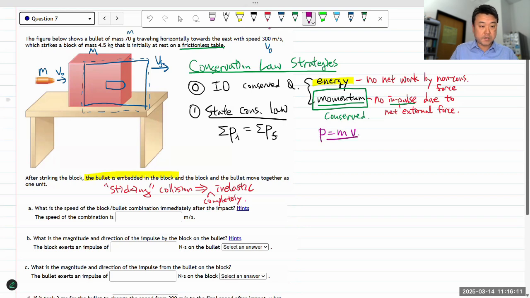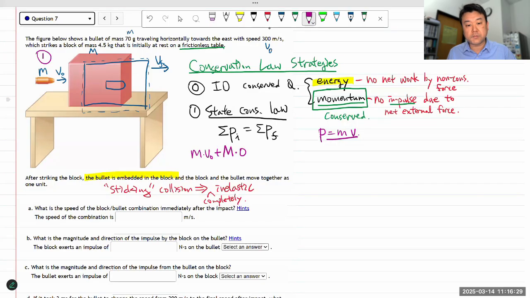So for the initial picture here, or snapshot 1, before the collision, you have the momentum of the bullet, mass times v naught, plus the momentum of the block, which will be 0, but let me just write it out for clarity: big M times 0 for the velocity of the block.